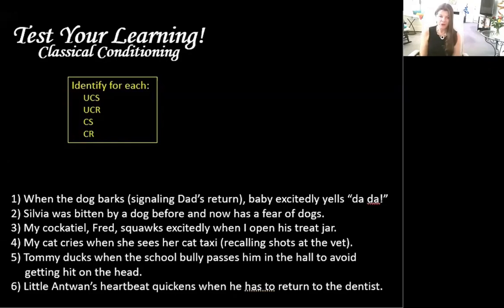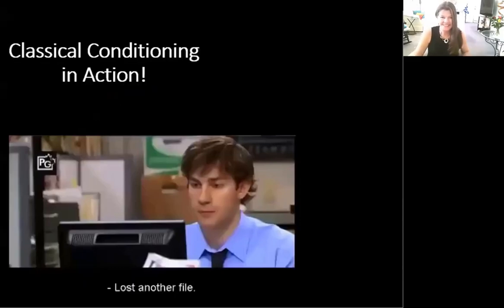And number 6 is dental work, pain, dentist, and heartbeat quickens. Same idea, right? There's no child that's born afraid of the dentist, but they certainly can learn that over time, right?